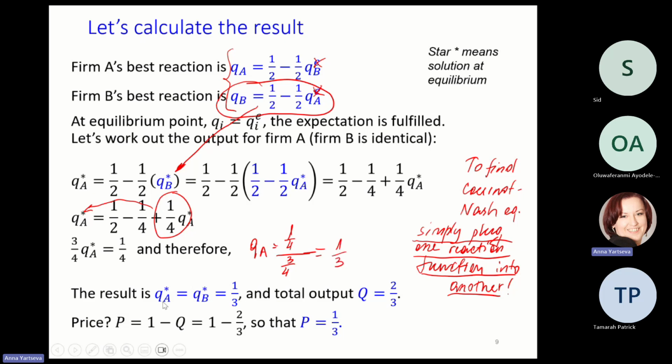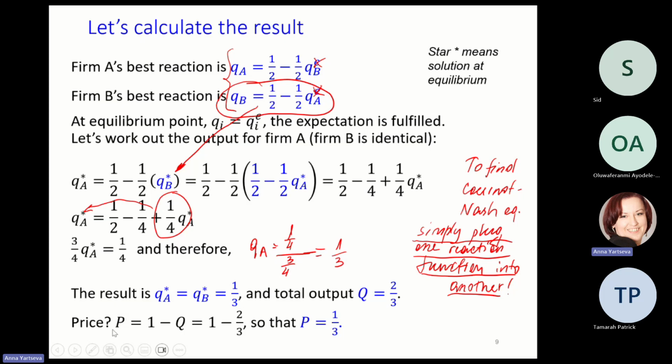And that is why I've mentioned in the beginning that each company produces 1/3 of competitive output. If you remember, half an hour ago, I told you, just remember, it's 1/3 of competitive output, 1/3. This is how we get it. Each company is identical. So quantity A is 1/3, quantity B is the same, also 1/3. So the combined output will be a sum of 1/3, which is 2/3.